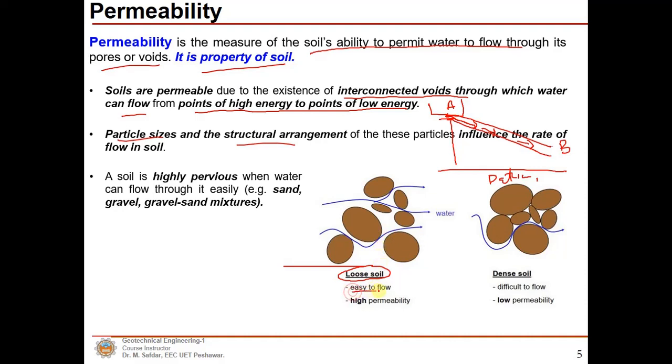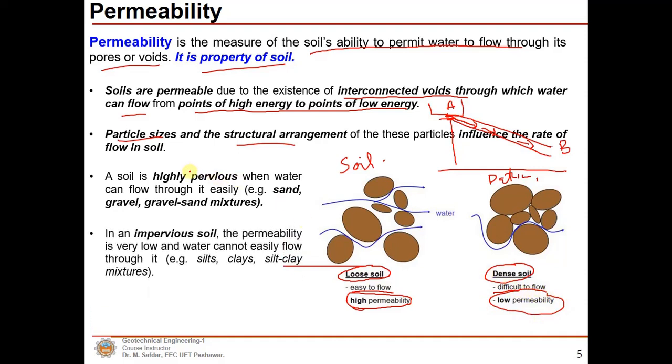Therefore, the water particles are easy to flow and it will give us the high permeability. Similarly, if the same soil is compacted and densified, now we are having lesser voids and the water particles will be difficult to flow and it will give us the low permeability.